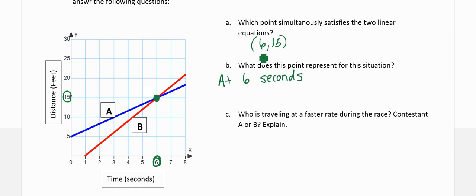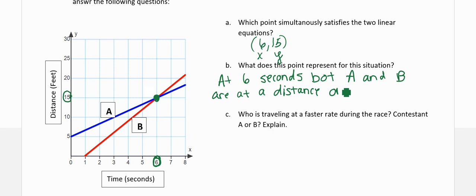And what does 15 represent? My y value. We do have racers, both A and B, are at a distance of 15 feet.